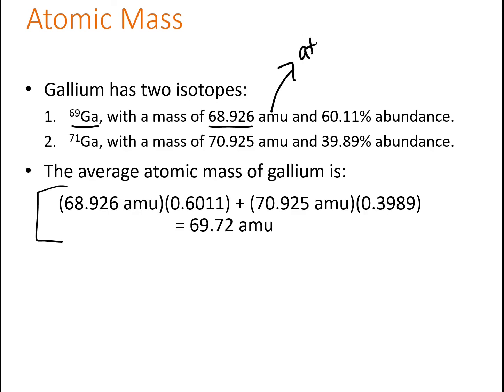AMU stands for atomic mass units, okay? And this gallium-69 has a 60.11% abundance. I like to make a chart with this information because it helps me to organize things.